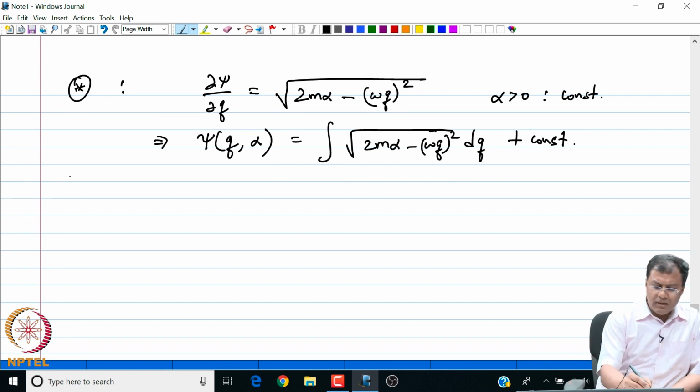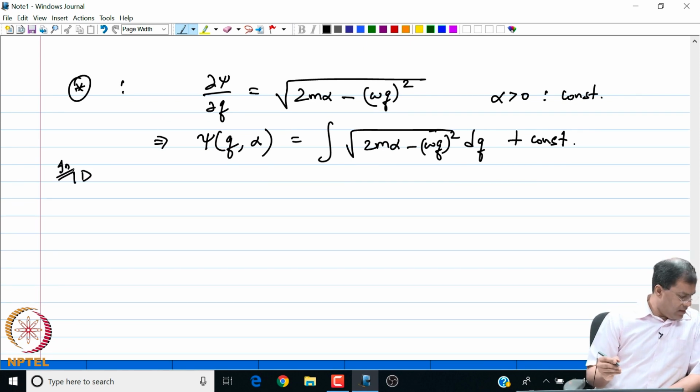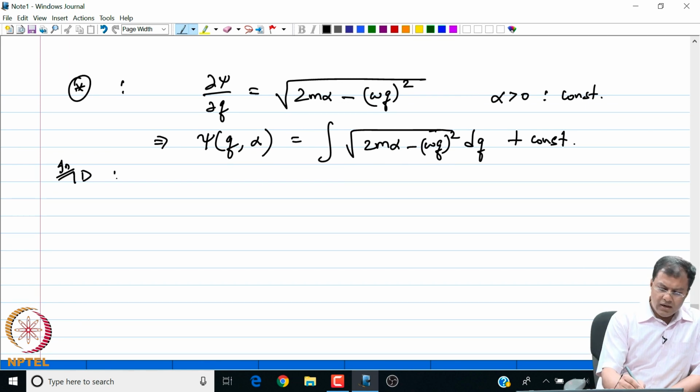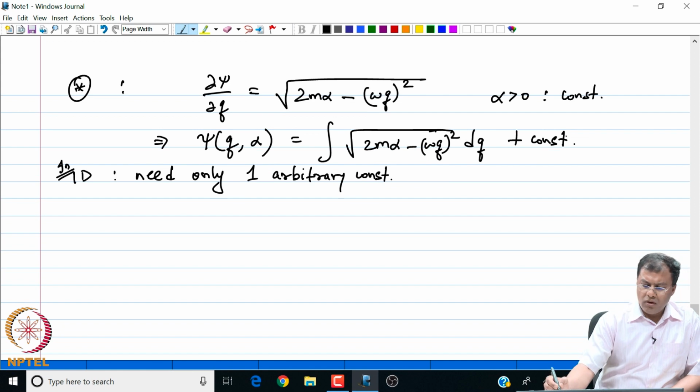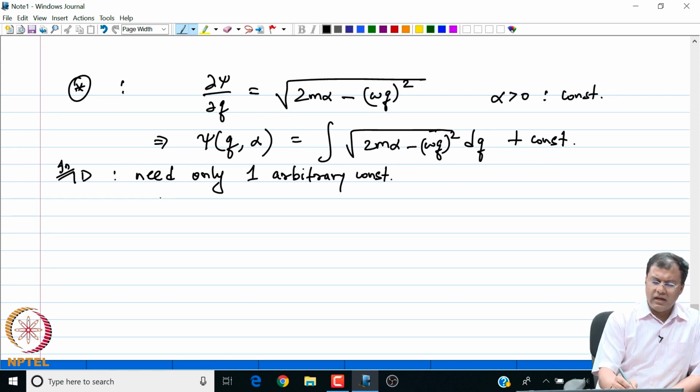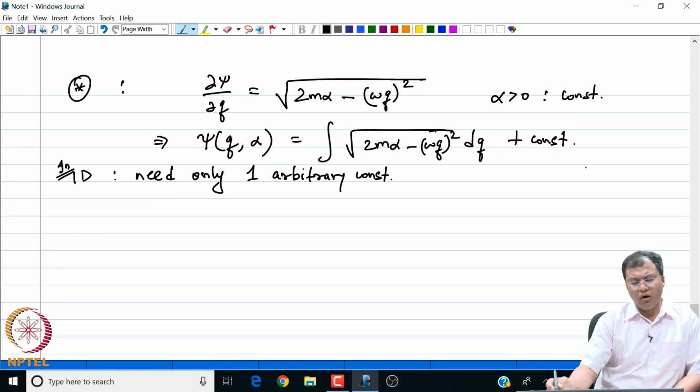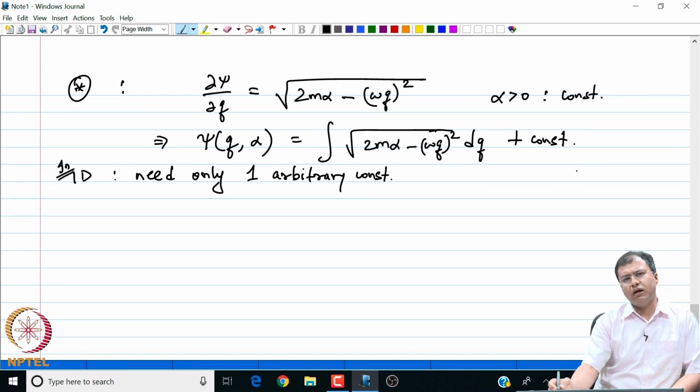Here we are solving the problem in 1D, right. So, in 1D we need only one arbitrary constant to define my solution. This is without loss of generality, because even if we keep more constants later on in the solution, we can always club them to reduce the number of constants.